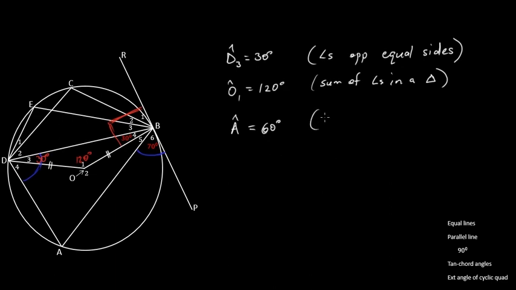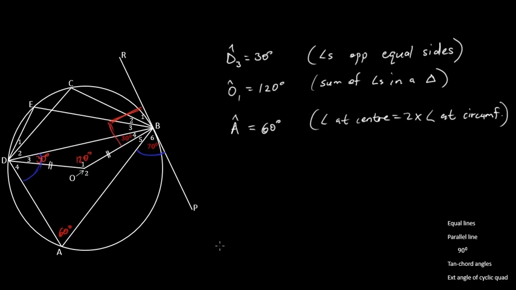Angle at the center is 2 times angle at the circumference. And then A becomes your new starting point to say what's the relationship between A and the next angle I'm looking for.